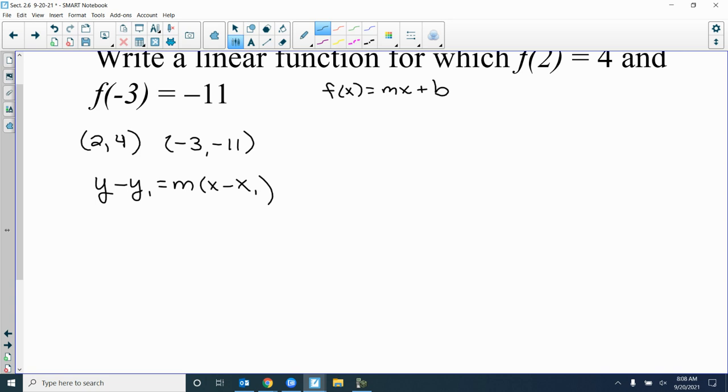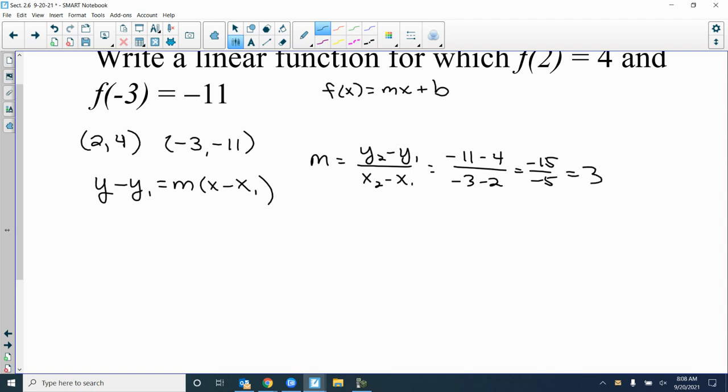So for the slope, remember your slope is y2 minus y1 over x2 minus x1. Okay, negative 11 minus 4 over negative 3 minus 2. I get negative 15 over negative 5, positive 3. So there's my slope.